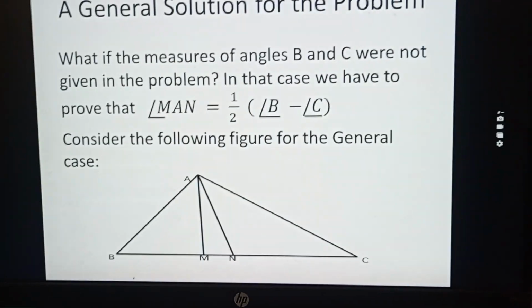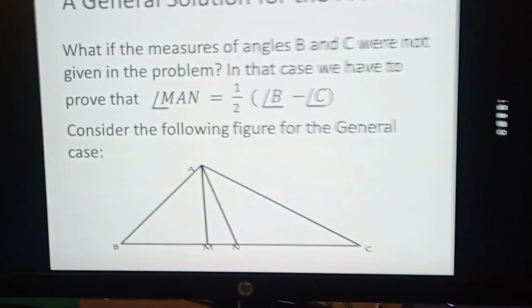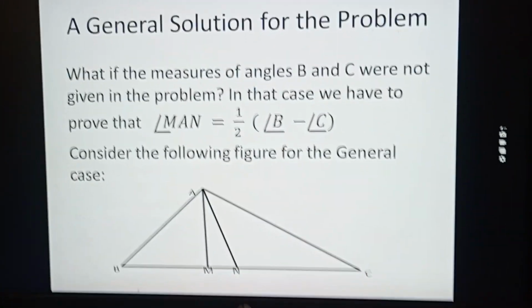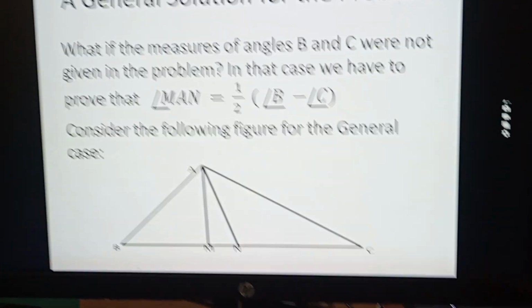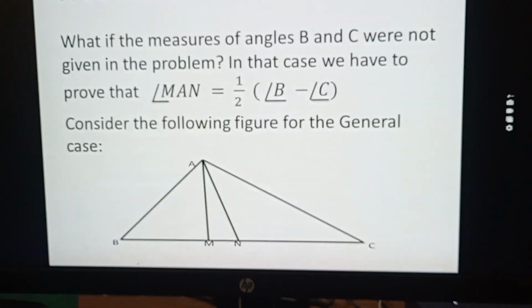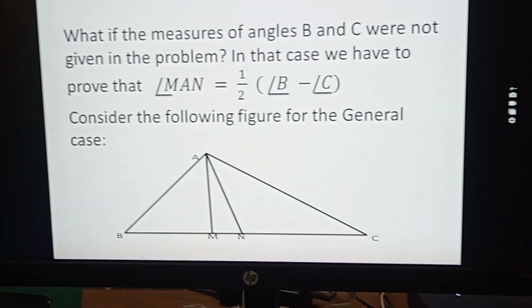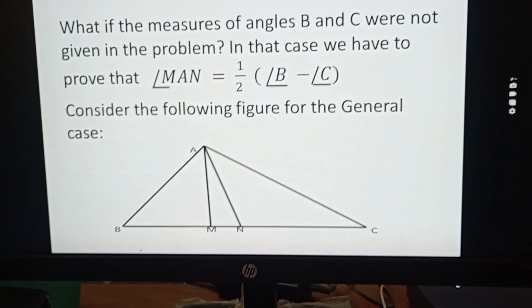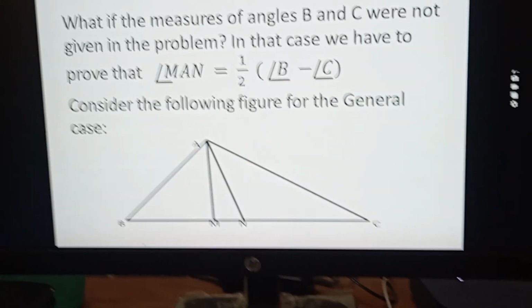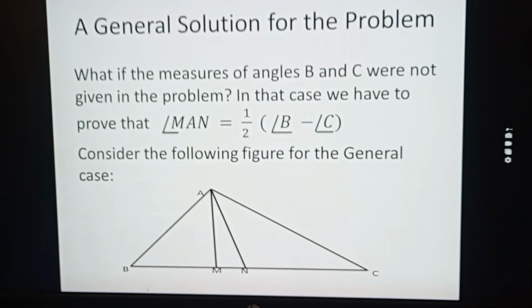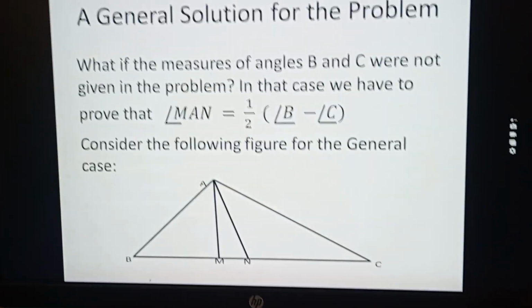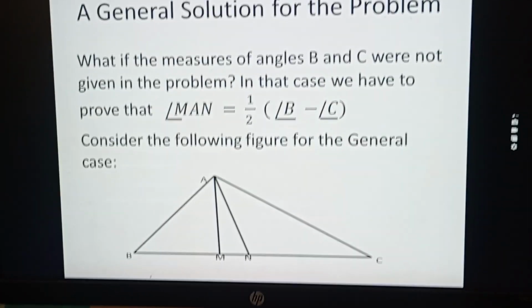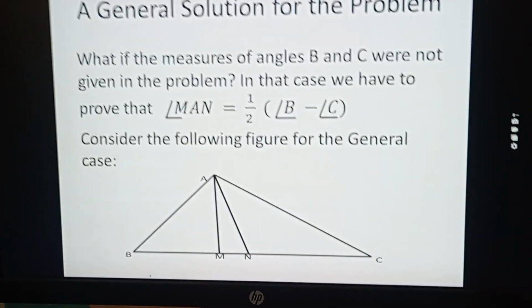In that case, we have to prove that angle MAN is equal to half of angle B minus angle C, which is another way of framing this question. Another way of asking this question would be: prove that angle MAN is equal to half of angle B minus angle C.